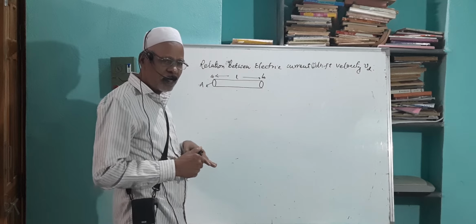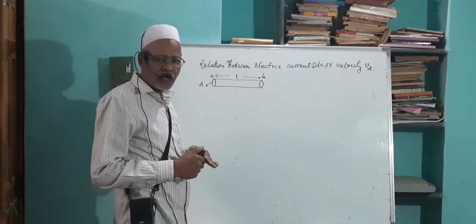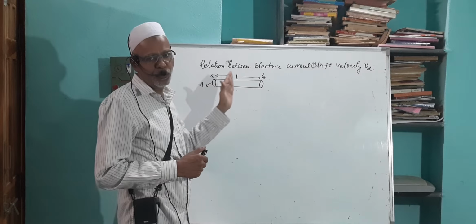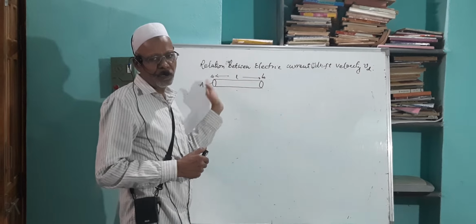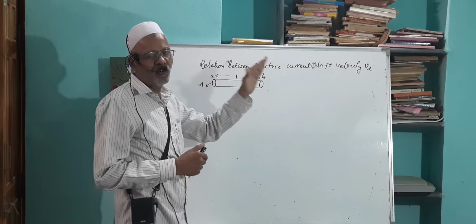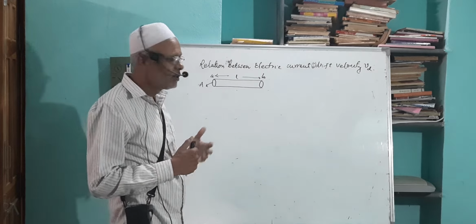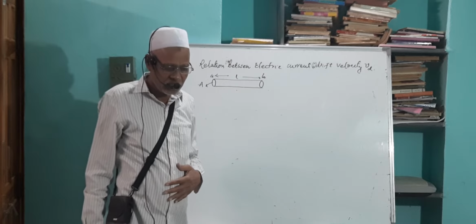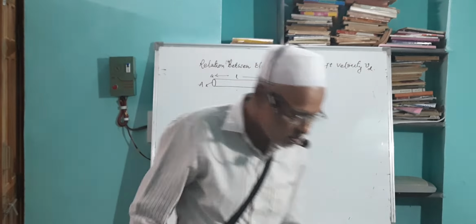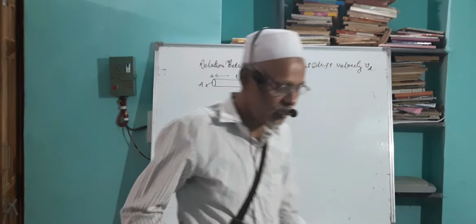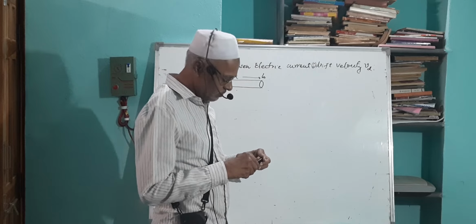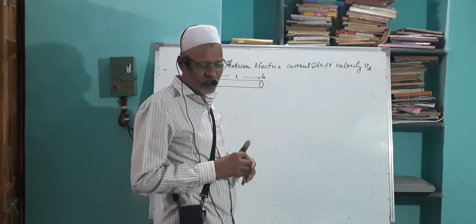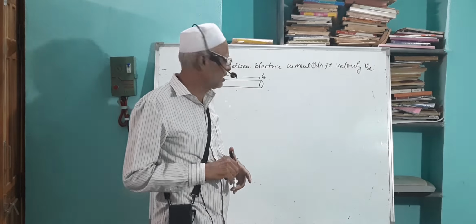At the same time, 100 electrons are shifting from the A end to the B end. So 100 minus 100 is 0. Net flow of charge is 0. So simply the flow of electric charge does not constitute the electric current. If the charge flows in a specified direction, that constitutes the electric current.